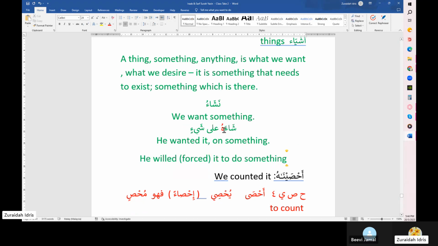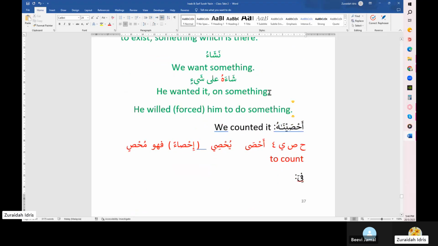How do we make this a better translation? He willed him to do something, like he forced him to do something. Yes, that seems reasonable. So this is the awkward translation. How do I make this look less awkward?